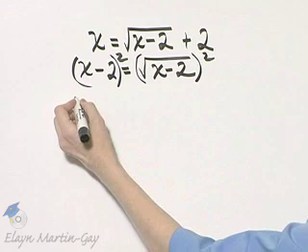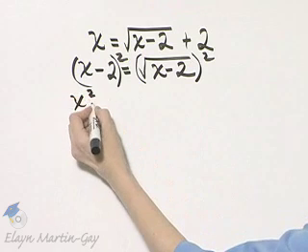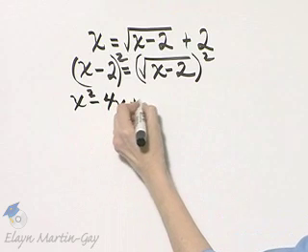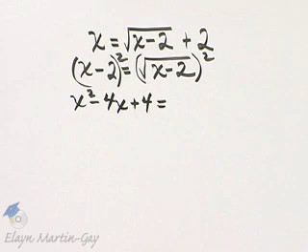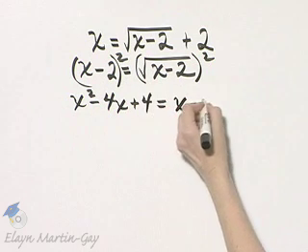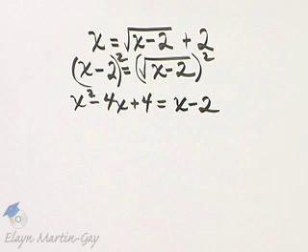But in squaring, that is x squared, and you do have a middle term, minus 4x, plus 4, is equal to the square root of x minus 2, that quantity squared, gives me that radicand, x minus 2. Now you need to look at this equation and decide what type of equation you now have.